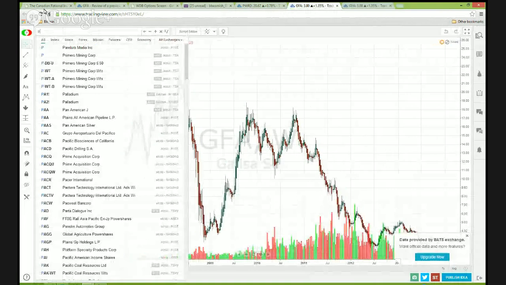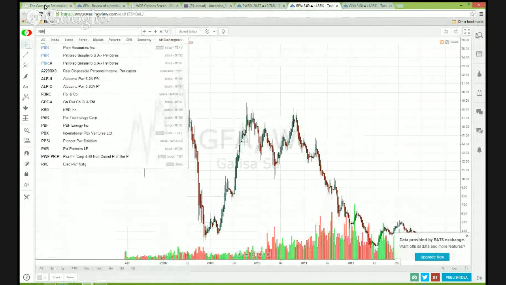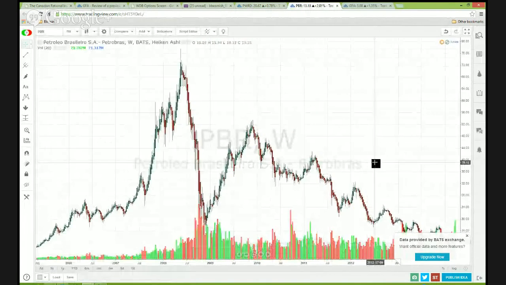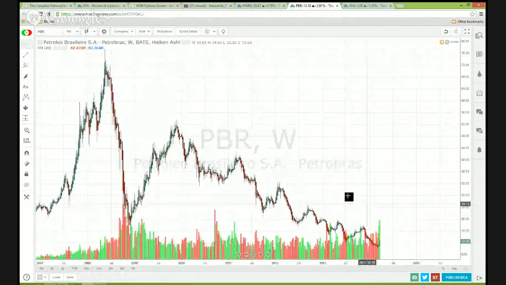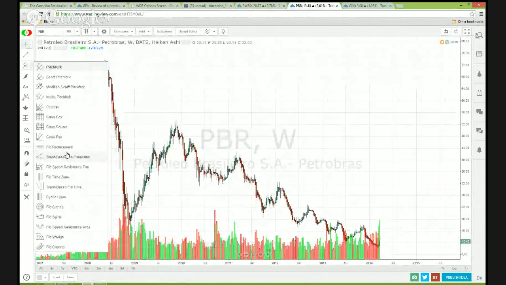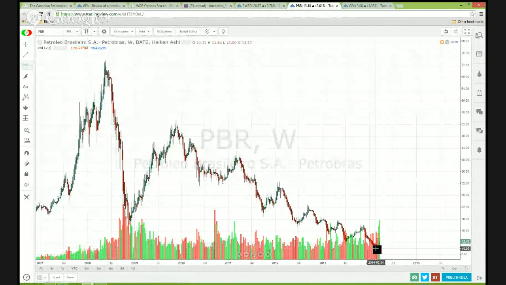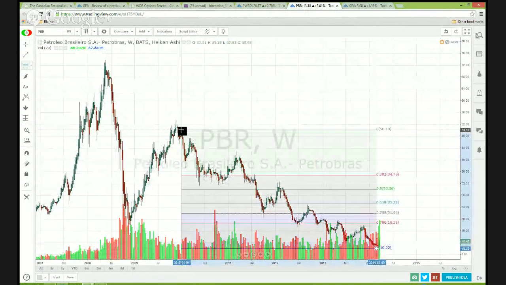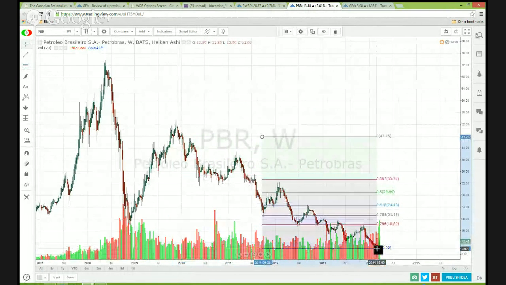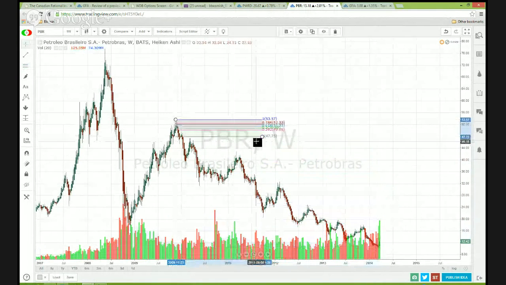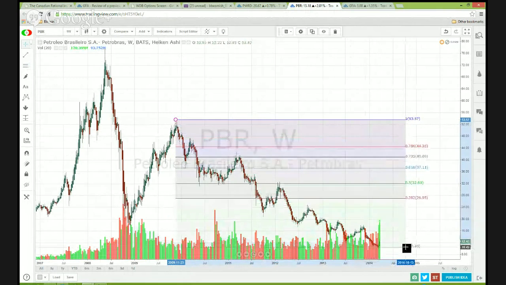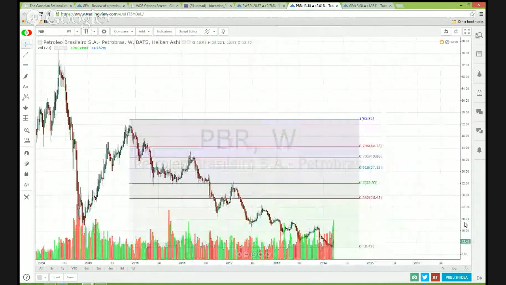What's this symbol? PBR, I believe. Petro Brazil. I did a write-up on this just last week. But if we just do simple technical analysis, you can make a fairly sizable argument.